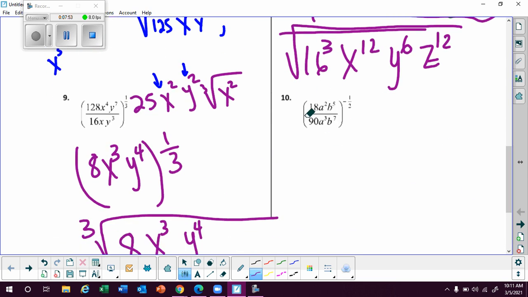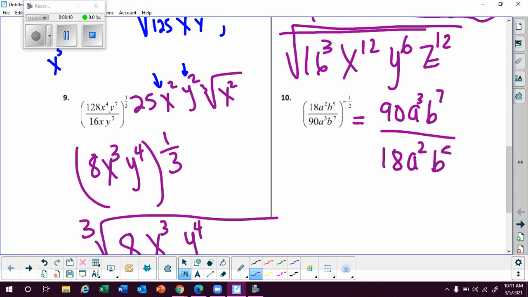This is a negative reciprocal, so I need to flip it. So this is the same as 90 a cubed b7 over 18 a squared b5, and then this whole thing is 1/2, right? I wanted to check if 90 is divisible by 18.